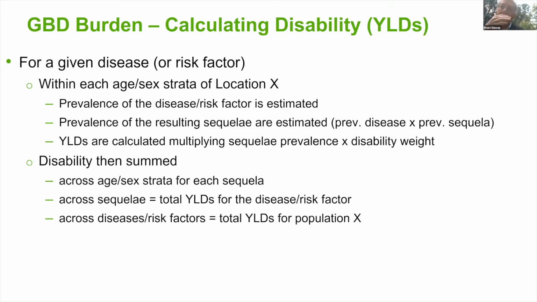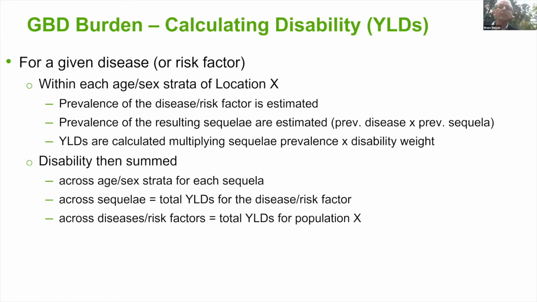And then diabetes has more than diabetic retinopathy as a sequela. We need to sum all of the sequela of diabetes, amputation, neuropathy, vision loss due to diabetic retinopathy, and so on. We need to sum the YLDs for all of them to get the YLDs for diabetes.